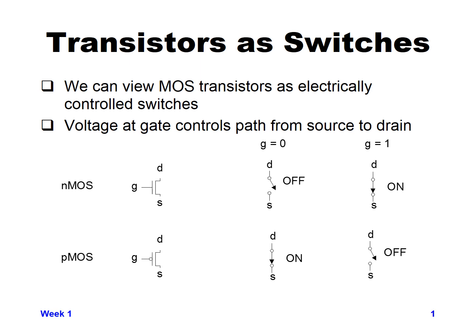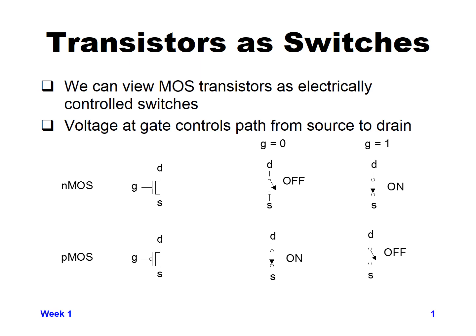For a PMOS device, as I mentioned in the previous slide, we draw that as a transistor with the bubble at the gate because it's inverted compared to the NMOS device. And for the PMOS device, the bulk isn't shown again, but the bulk will be connected to the most positive voltage in the circuit, so it'll be connected to VDD.